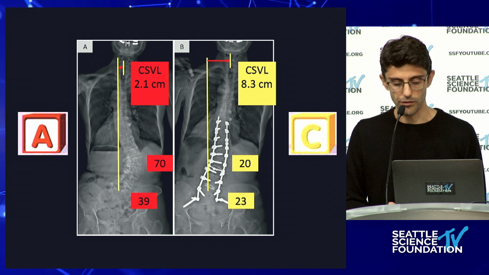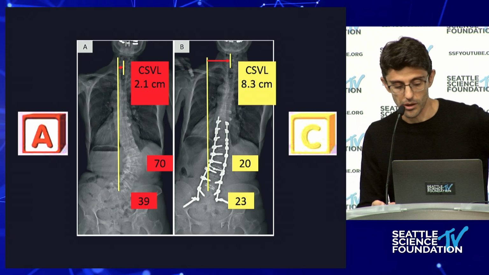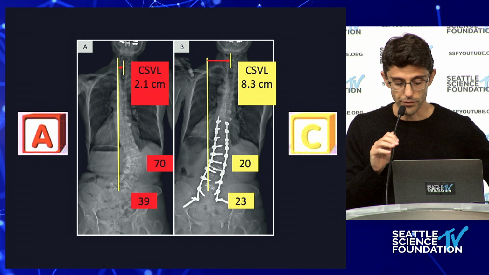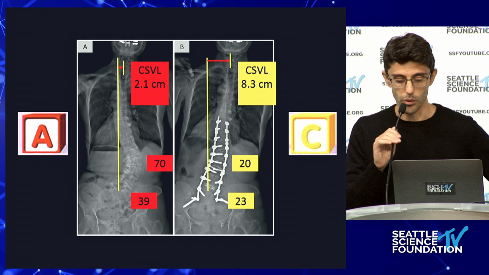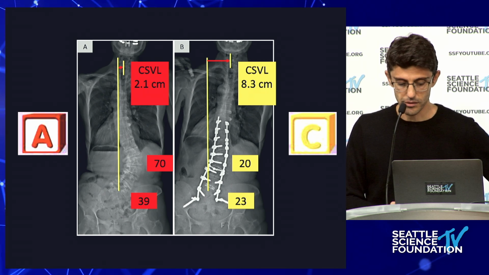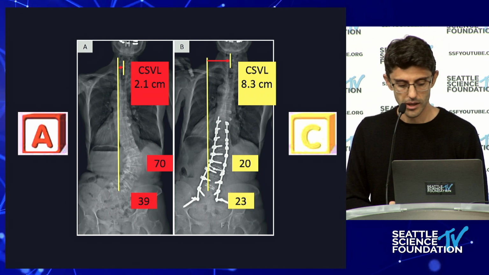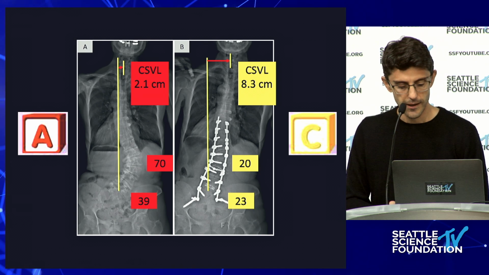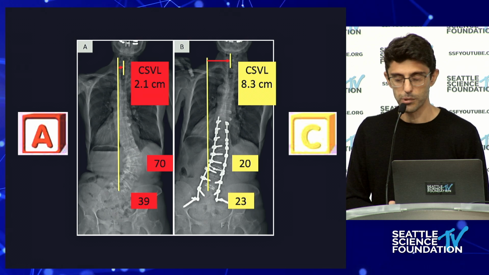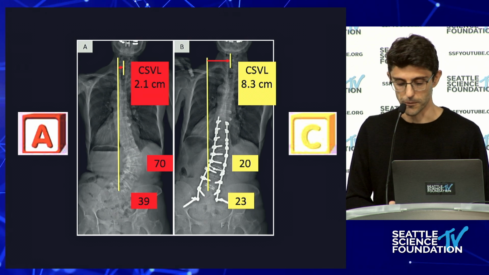And after undergoing an L5-S1 TLIF with pretty significant correction of the mid-lumbar curve, this patient went from being quote-unquote aligned preoperatively to very significant decompensation afterwards, 8.5 centimeters to the right. Again, I think they employed the wrong surgical strategy here.